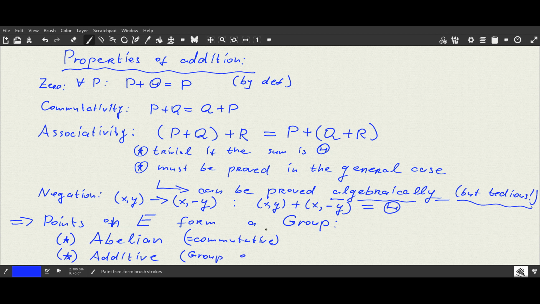Although it doesn't matter, we can denote it by any symbol. But what we do can be conveniently explained as addition. The group operation is called plus, but it can be called any name.